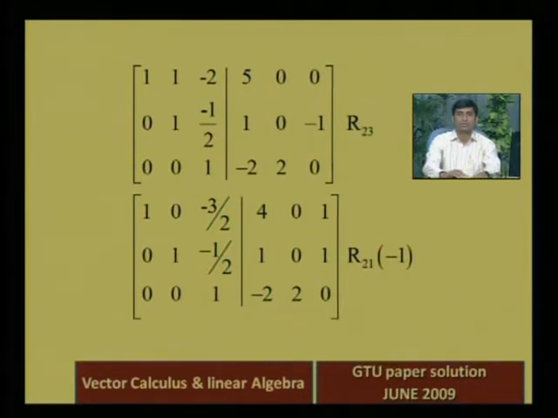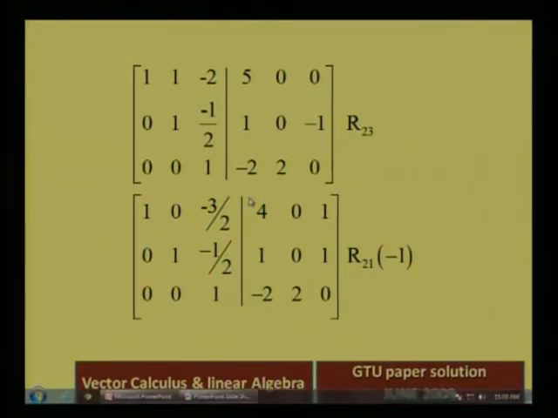Because we multiply the second row with minus 1 and add it into the first row, we have 1 minus 0, that is 1, 1 minus 1 here 0, and then minus 2 plus 1 by 2, so it becomes minus 4 plus 1 by 2 when you take the LCM, that is minus 3 by 2.